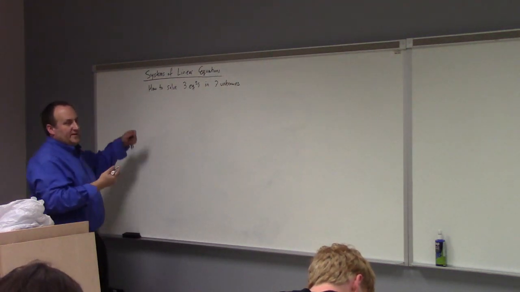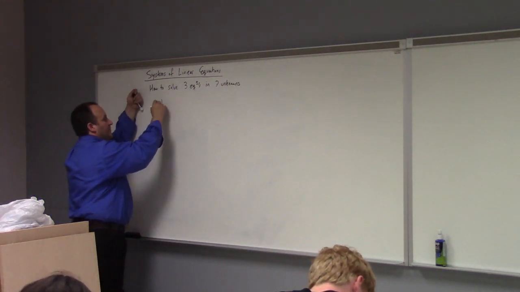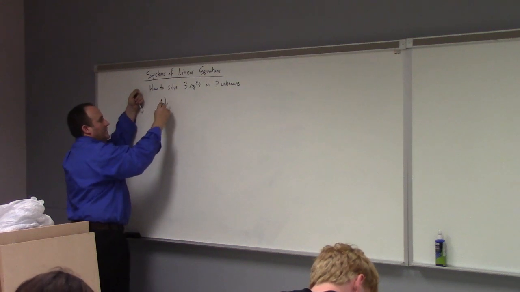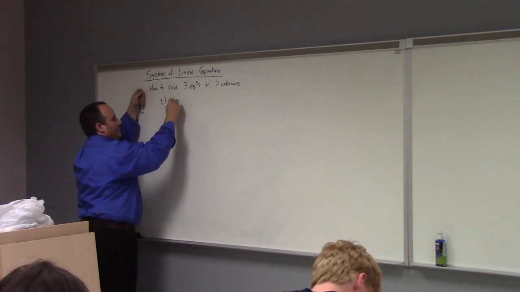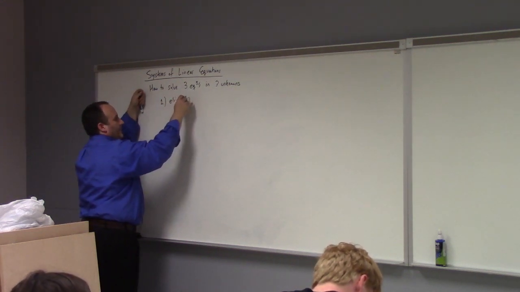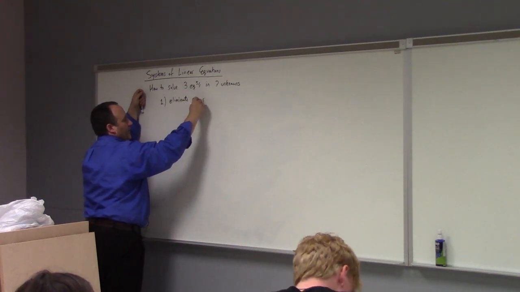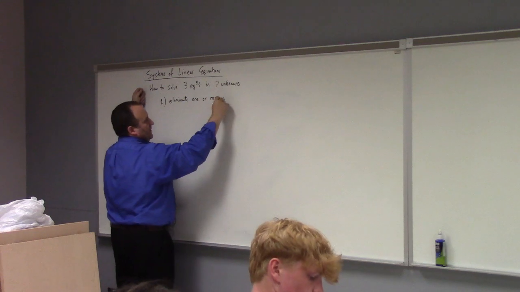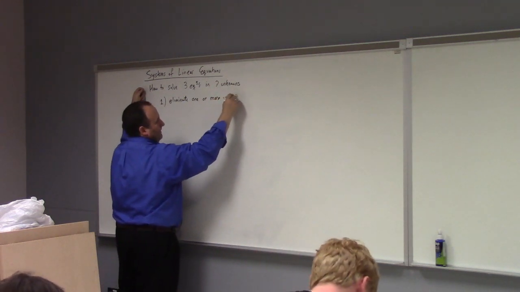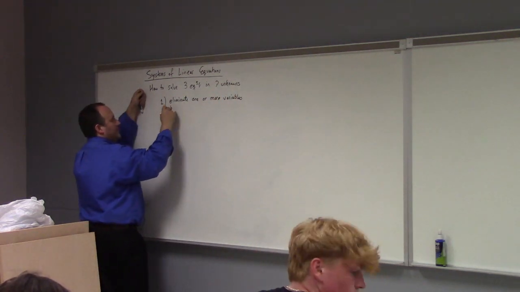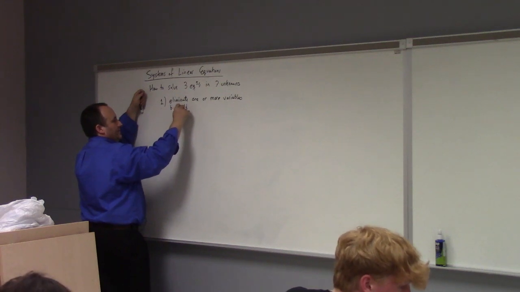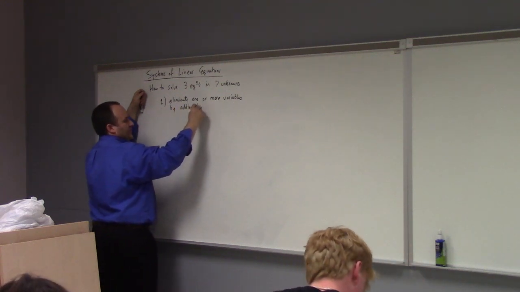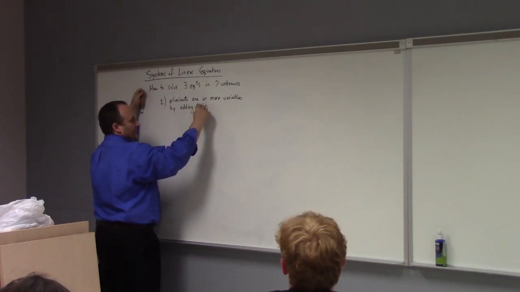So here's the general strategy. Step number one, eliminate one or more variables by adding or subtracting equations.